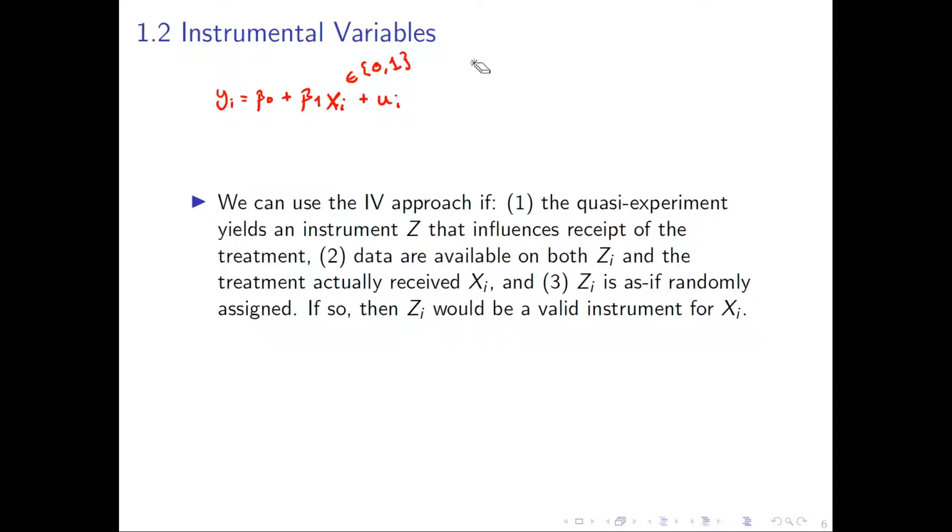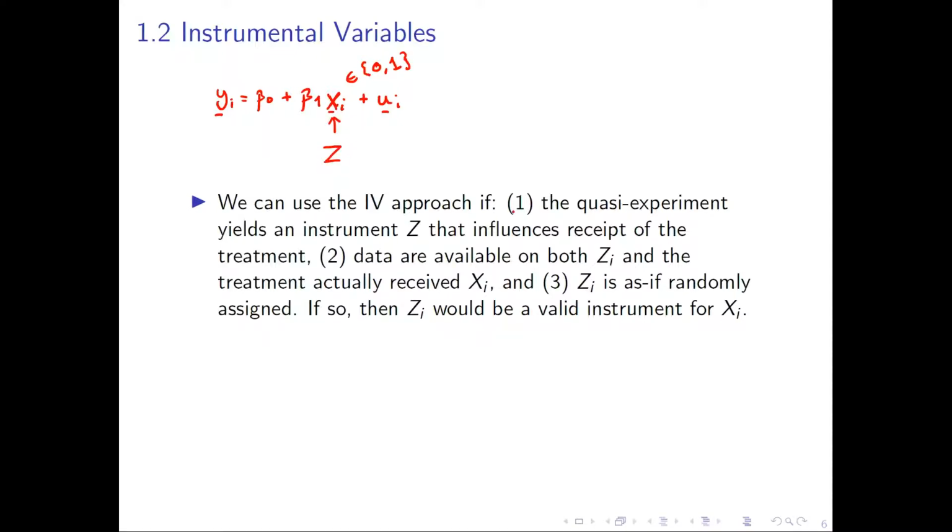However, sometimes you do not find the control variables, or there might be a lot of control variables, but if you could find a variable which is randomly assigned, for example, a variable z which influences the y variable only through the x variable, but this z is itself not correlated with the error term, then you can use instrumental variable regression.